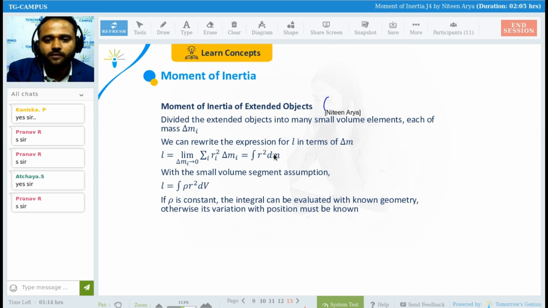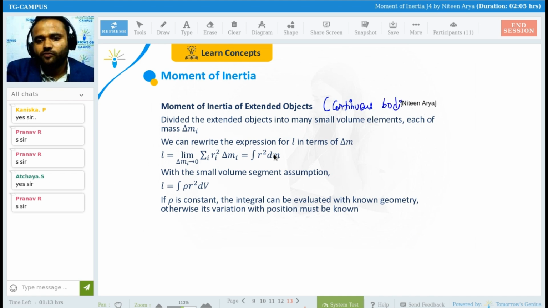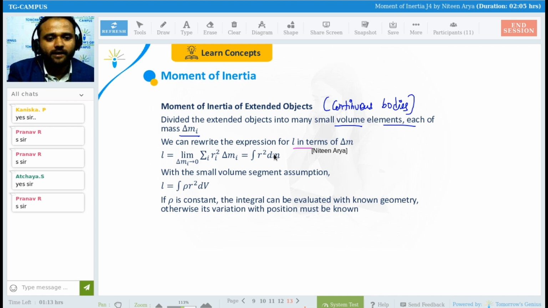For continuous bodies, we divide the extended object into many small volume elements, each of mass delta m_i. I already told you this. So we can write the expression for I in terms of delta m.